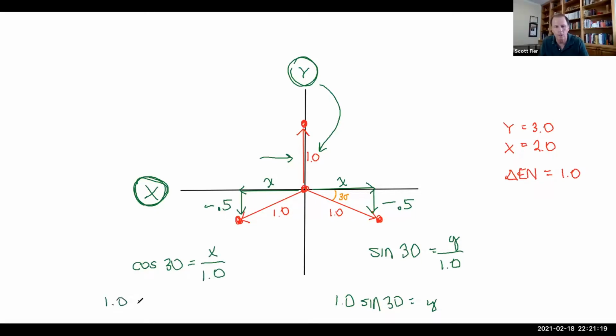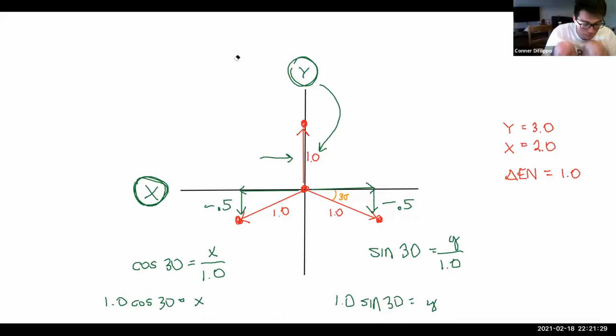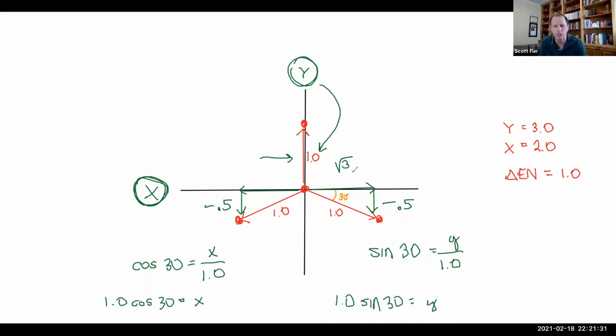So 1.0 times cosine of 30 will equal our x value. Anybody remember what the cosine of 30 is? 1/2. Close, it's radical 3 over 2. So this vector here is positive radical 3 over 2. This vector is negative radical 3 over 2. What happens when you add those together?